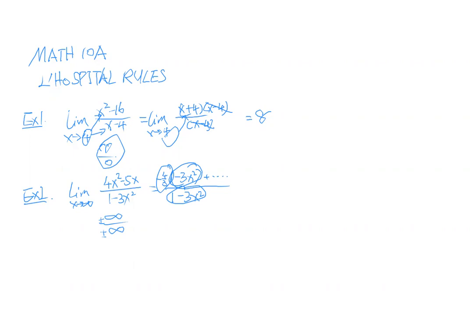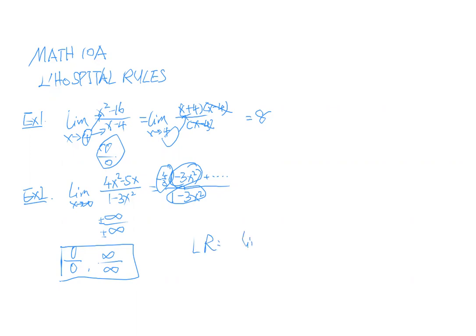So the natural question comes up, how can we do this type of question, like when it's 0 over 0 or infinity over infinity? These are the two situations where we really want to use L'Hopital's rule. So let me give you the theorem first. It's a famous rule, called L'Hospital's rule.